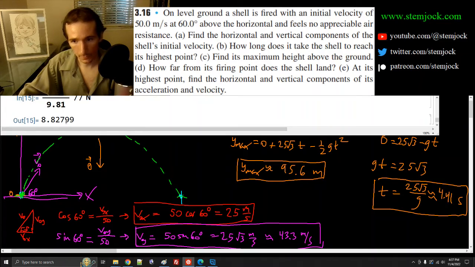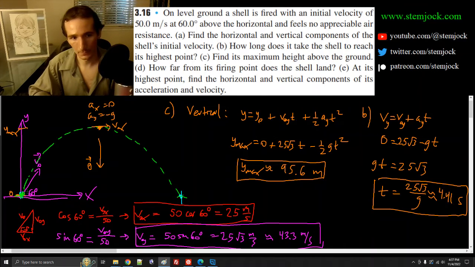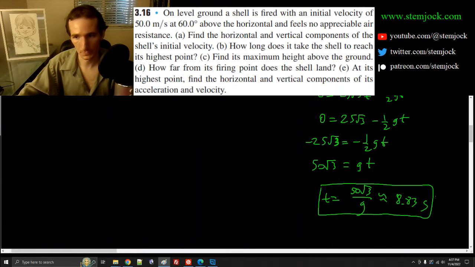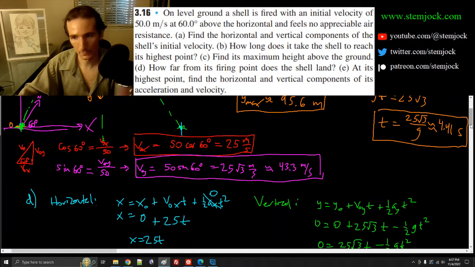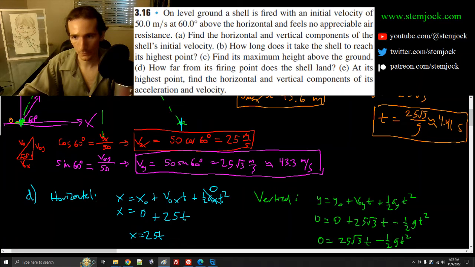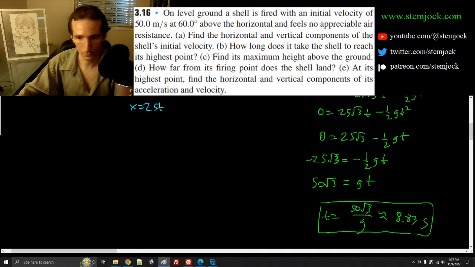This is actually double of what this time is, and that makes sense because this is a parabola. The parabola has symmetry about the vertical axis, so it takes as much time to go from the initial position to the highest point as it does from the highest point back down to the ground. So it makes sense that t here is double of what it was before. This is 25 square root 3 over g, whereas this here is 50 square root 3 over g.